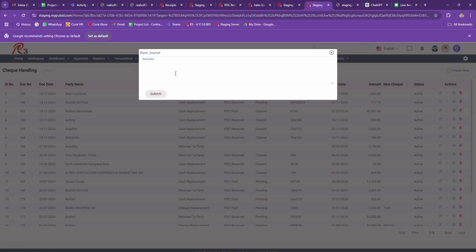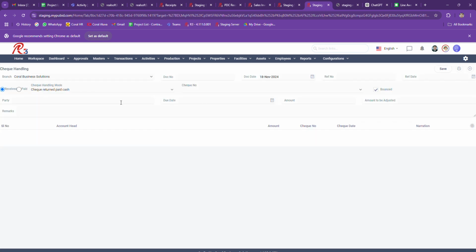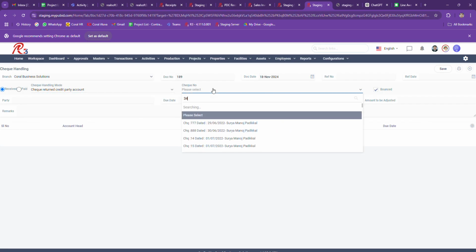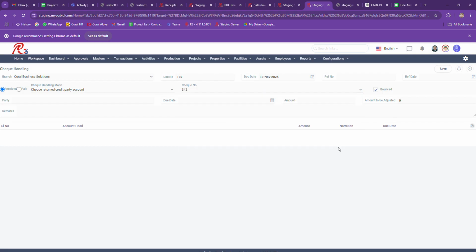Now the third option, we are going to credit the party. This third option, check return and credit party account. Now you give 342, new customer.